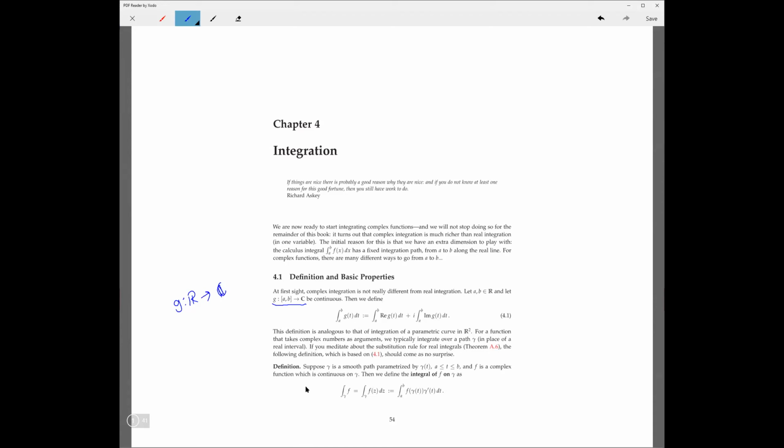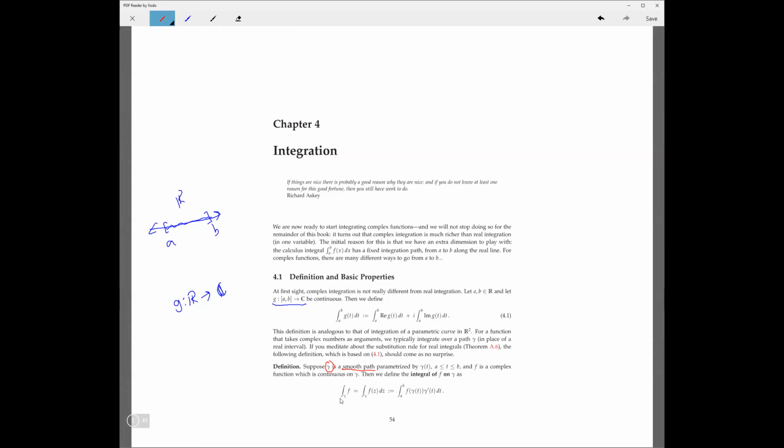Where it gets different is what happens in reality with complex numbers. With real numbers, you're integrating along the number line, right? You're just integrating maybe an interval on the number line from a to b. But with complex numbers, what you're doing is you're integrating along a path.